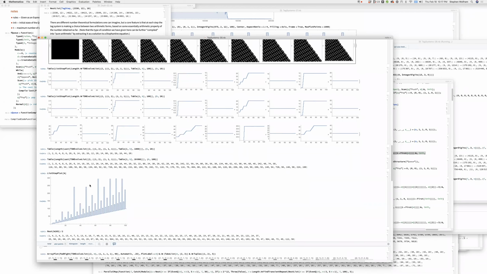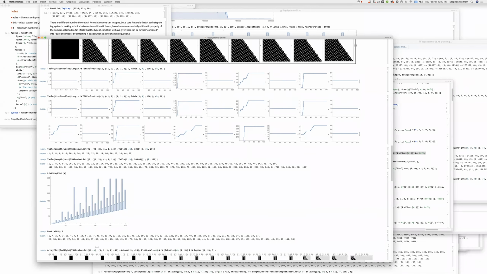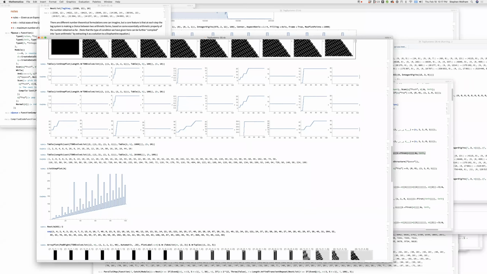What are these numbers? Oh, that's bizarre. So if we take every other number, every other number is just n plus, okay? So let's call this sequence.